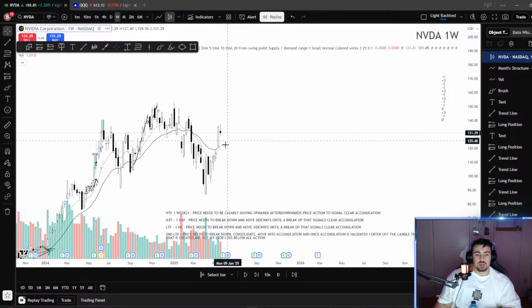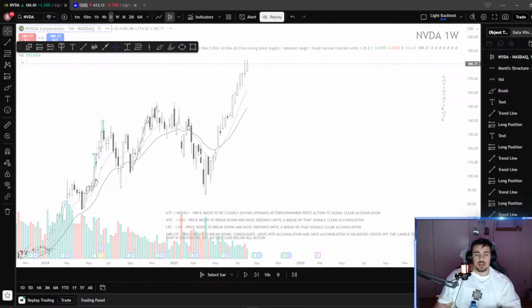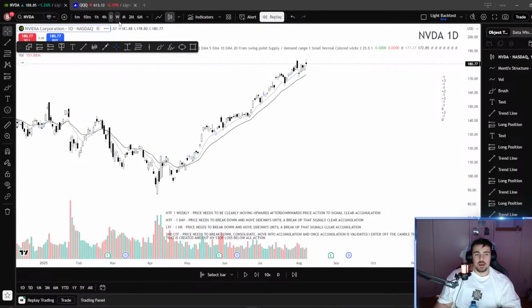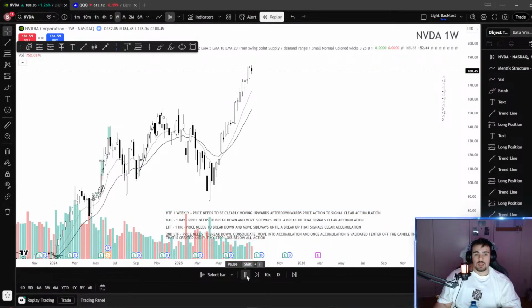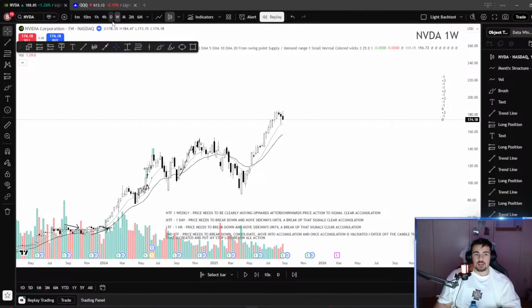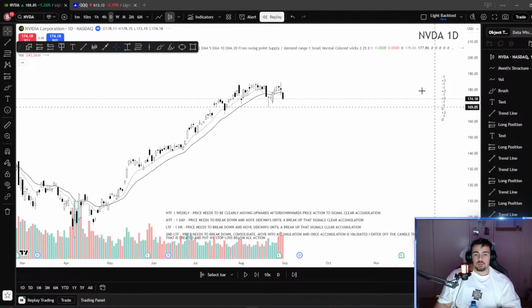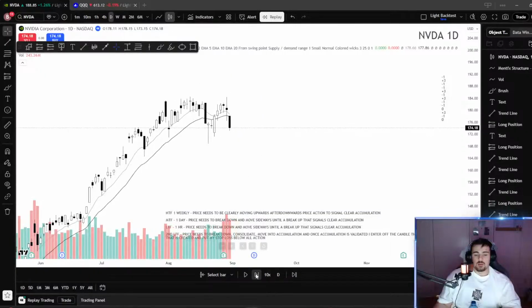Okay, price breaks up. I need that weekly pullback because that weekly pullback is going to prove to me that the daily has finally broken down, which I know it hasn't yet because I haven't gotten a clear pullback on the weekly. Once I do, though, like right here, I know that this daily, my medium time frame, has pushed down and is moving sideways.